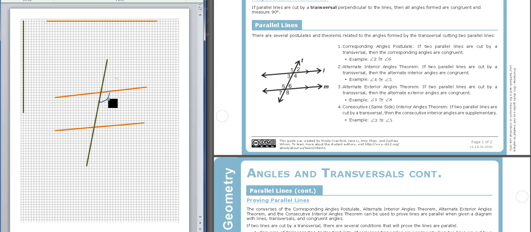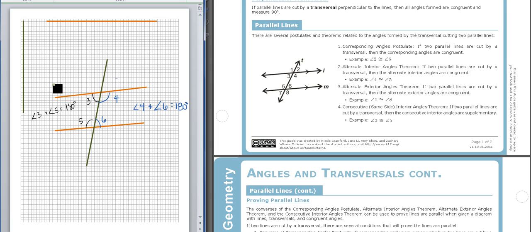So if I have this angle here, 4, and this angle here, 6, when we add the angle at 4 and the angle at 6, it's going to give us 180 degrees. And if we have 3 and 5, then when we add the angle at 3 and the angle at 5, we'll get 180 degrees.